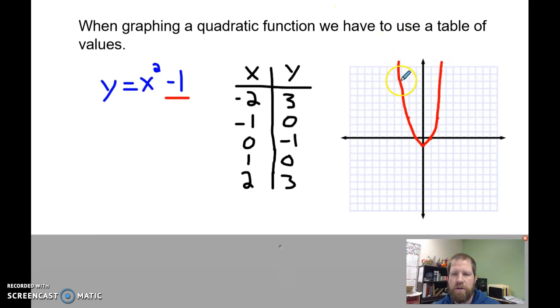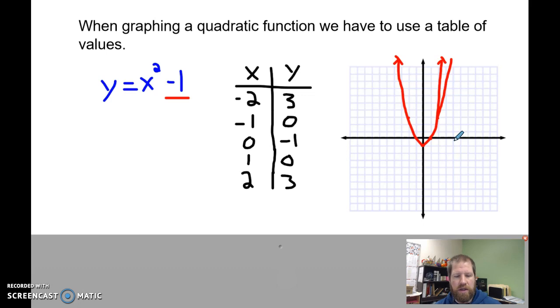It is going to keep going forever, right? We do have our arrows, but I'm not too worried if you plot these points and then it gets a little bit off. Probably this should be coming up something like that. It is going to get steeper and steeper the further up you go.